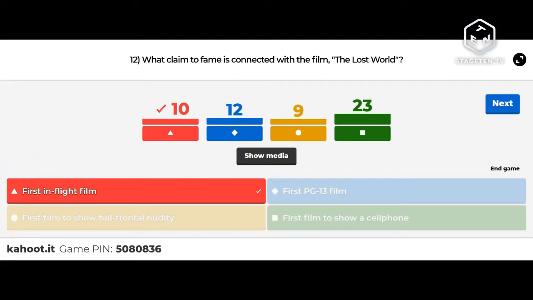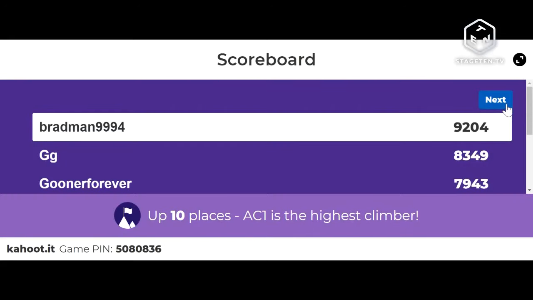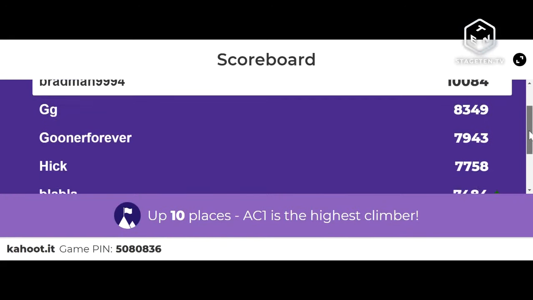Aamir Khan had played a few roles in a few movies before playing his first role in Qayamat Se Qayamat Tak, opposite Juhi Chawla. 32 of you got that right.